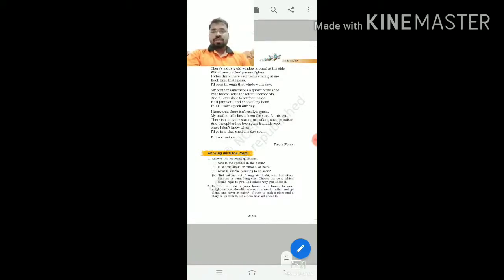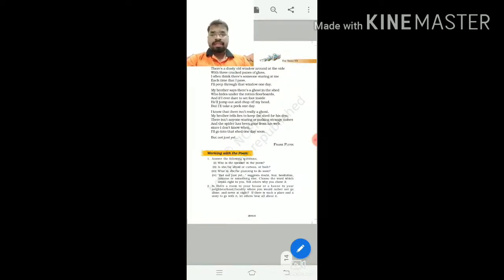So each time the poet passes the shed, he thinks someone is staring at him. I'll peep through that window one day, he decided. Peep means look deeply. He wanted to look deeply inside the shed.